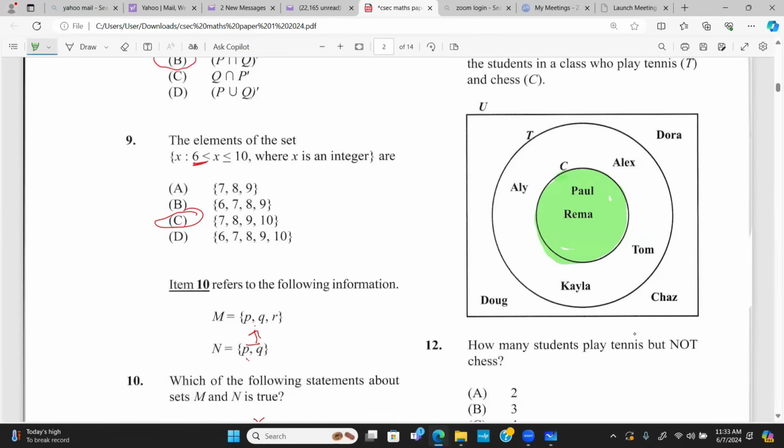The chess is in green. So we're talking about those who play tennis but are not in chess. So basically it's going to be those on the outskirt here in blue. How many play tennis but not chess? Ali, Alex, Tom, Kayla, 4 of them.